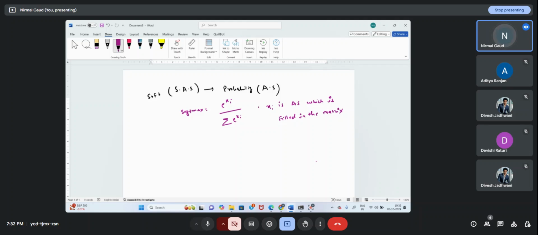You are having a 4 cross 4 matrix. So whatever be the values filled inside it, that's what you have to take as X. Okay, got it. So this is the result which you are going to get from Q dot K.